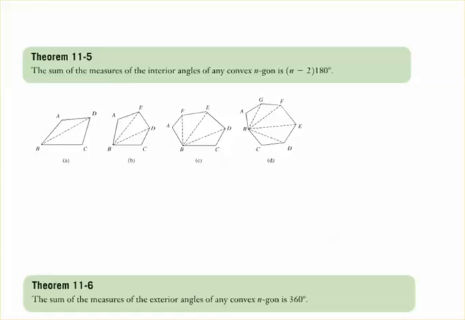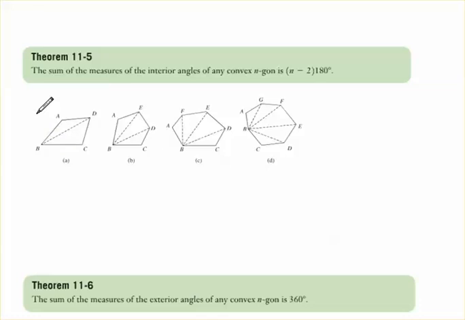Now, this theorem talks about convex polygons, and if you'll remember, convex meant that not only were they simple, that you start drawing and stop drawing in the same spot and closed, but you could also draw any line segment that you want to, and the line segment is completely encased in the figure.